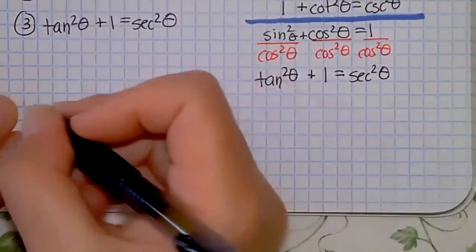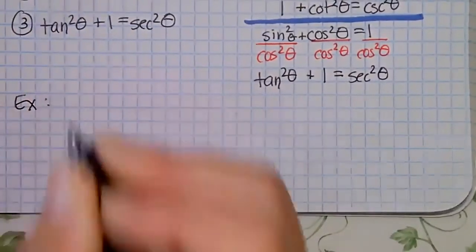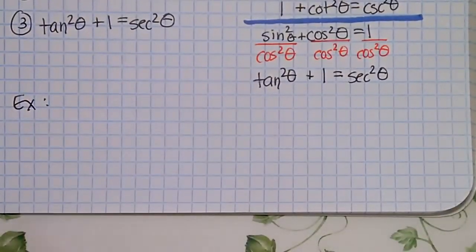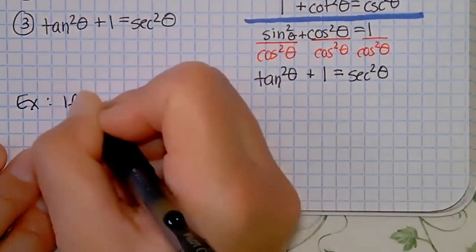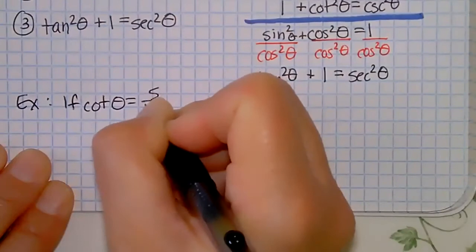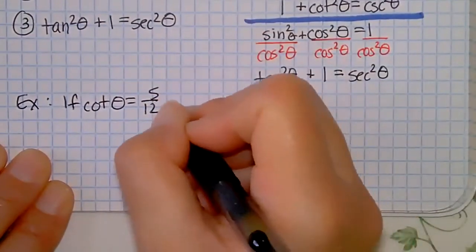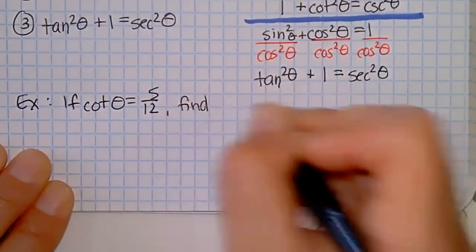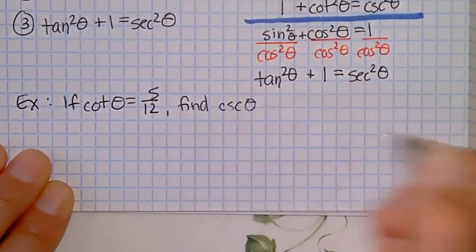So in this example, let's say we have if cotangent theta is equal to 5 over 12, find cosecant theta using trig identities.